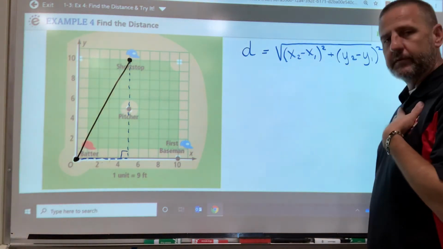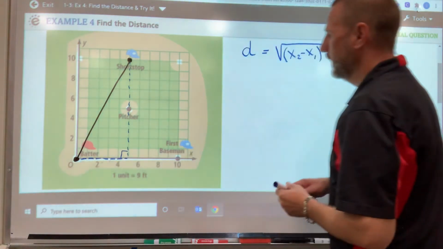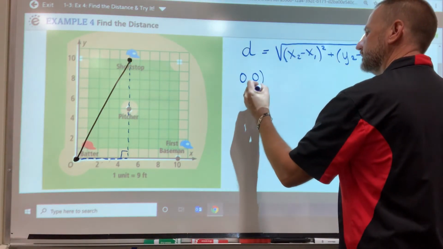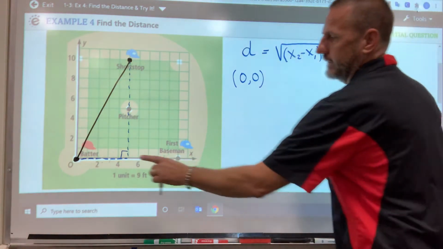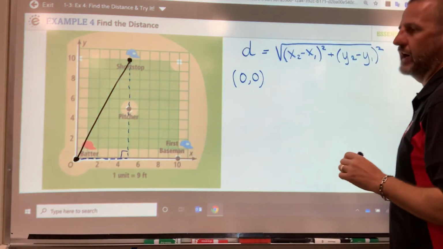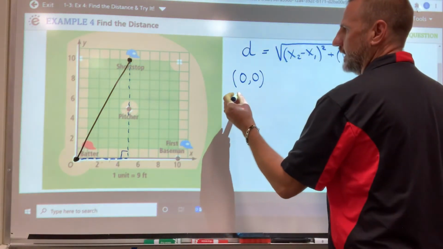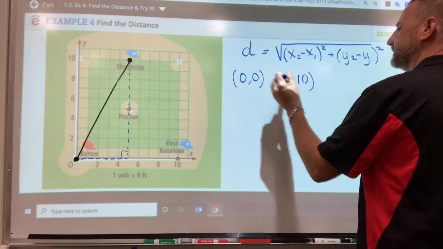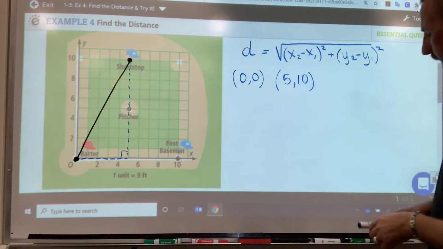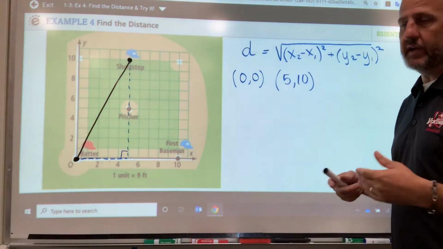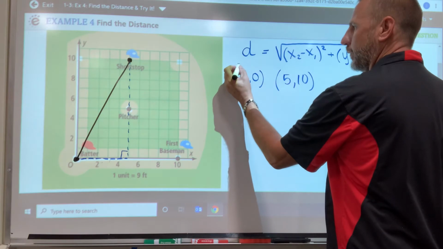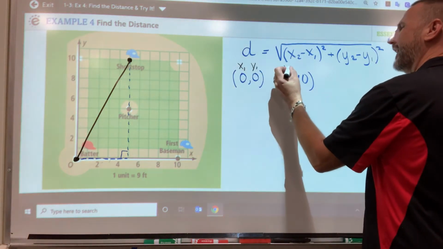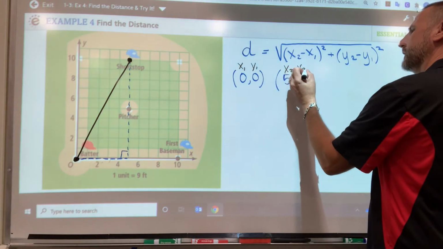If I'm at the first point, I'm the batter, I'm at 0, 0. And our second point is at the shortstop, and our shortstop is located at 5, 10. Remember, we labeled these the other day as our first point and our second point. So our first point was our x1 and our y1, our x2 and our y2.